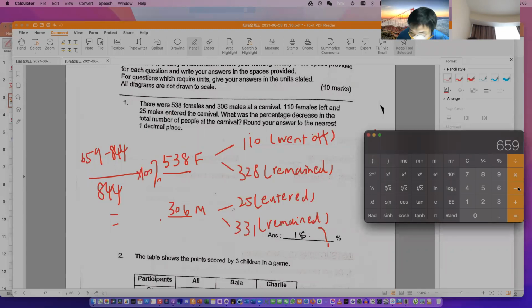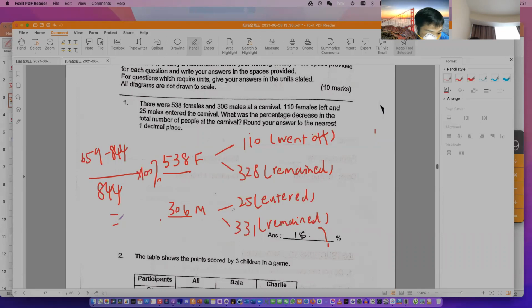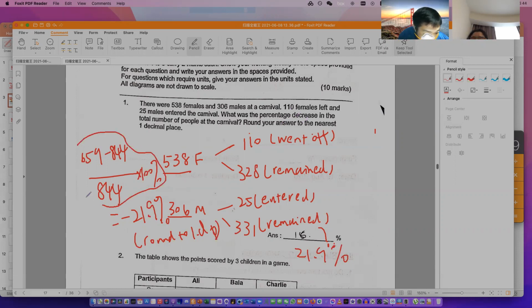So it's minus 21.9, rounded to 1 dp according to the question. So there is a percentage decrease. It's already a decrease, so I don't have to put the minus sign in front. So it's 21.9%. This question is easy, right? Just make use of this formula.